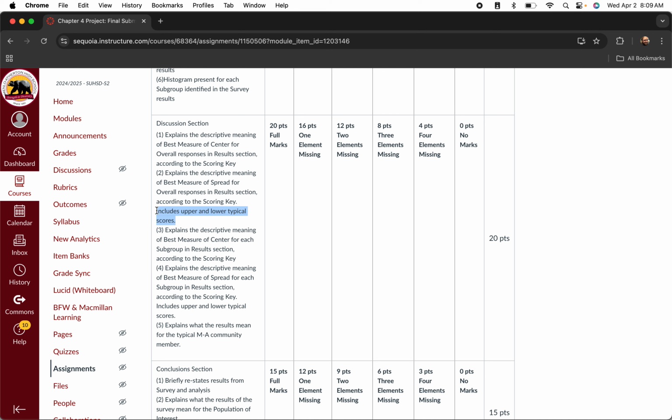So again, if I look back at my project, that in each section I said that if I'm using the IQR, give me 1 second here, pulling up my survey at the moment so I can look and see what my results are.